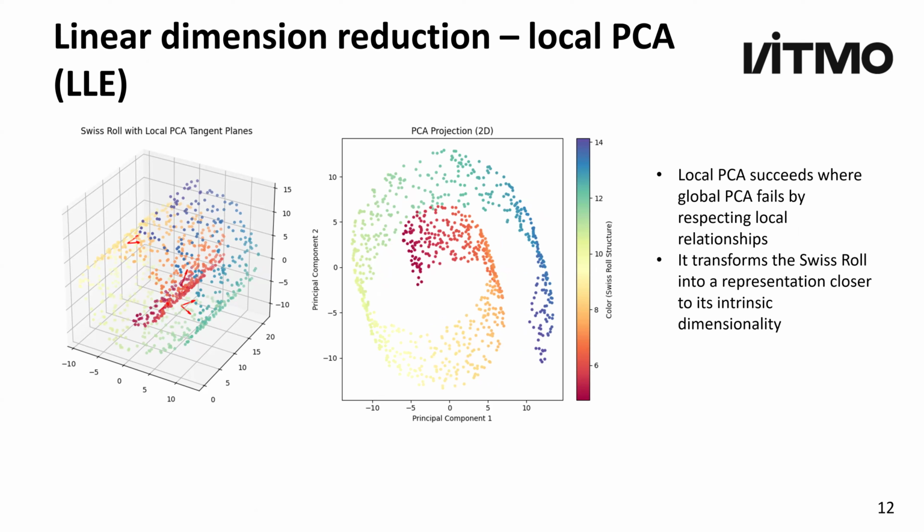We just take some nearest neighbors and make a PCA. So we just go over all neighborhoods, make a PCA decomposition, and we get something which really resembles our spiral, but in 2D. And that's a really good place to start.